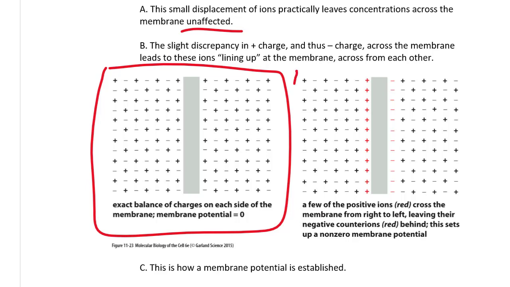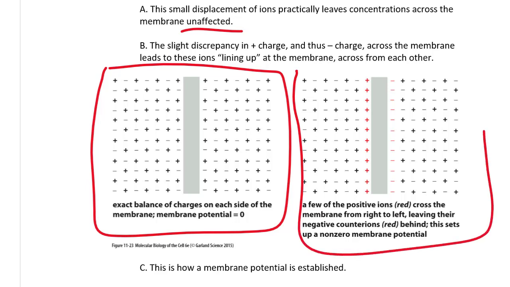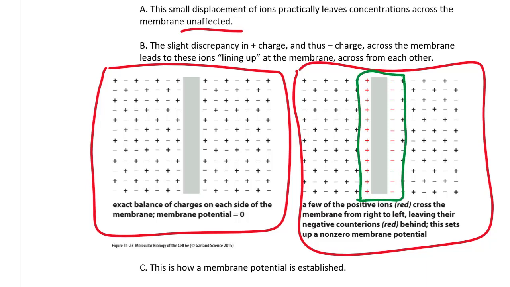Now, in this side, what we have is just a few plus charges being moved in one direction. And you can see that the plus and the negative charges right at the membrane are sort of lining up across from each other. Why? Because you have a discrepancy in charge.